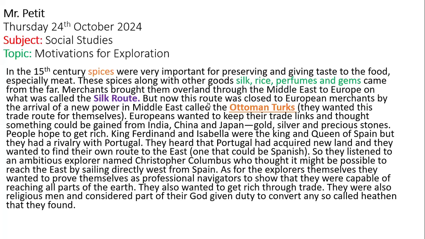But now this route was closed to European merchants by the arrival of a new power in the Middle East called the Ottoman Turks. They wanted this trade route for themselves. Europeans wanted to keep their trade links and thought something could be gained from India, China, and Japan: gold, silver, and precious stones.